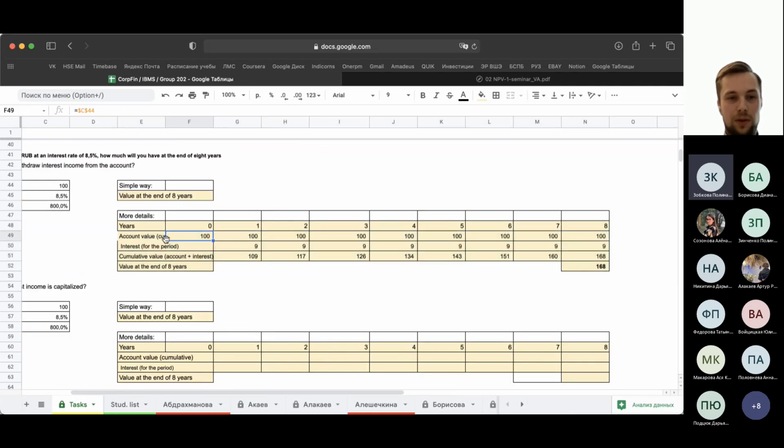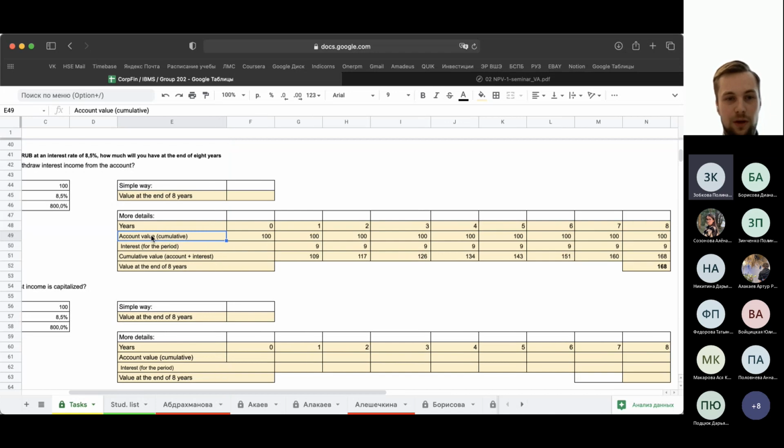Okay, so you see that this number is account value. The account value for every year is the same. So we put 100,000 rubles in year 0, and we have actually this number at the end of every year.